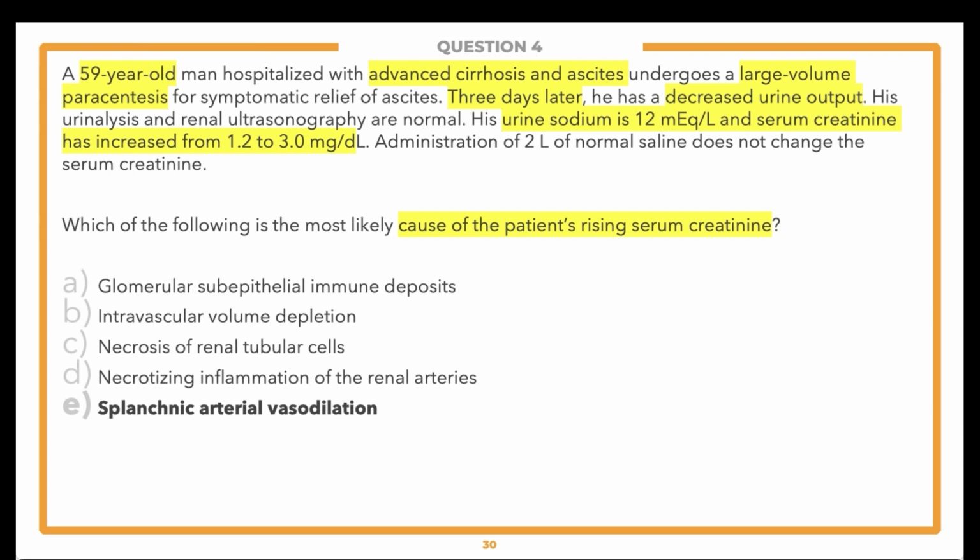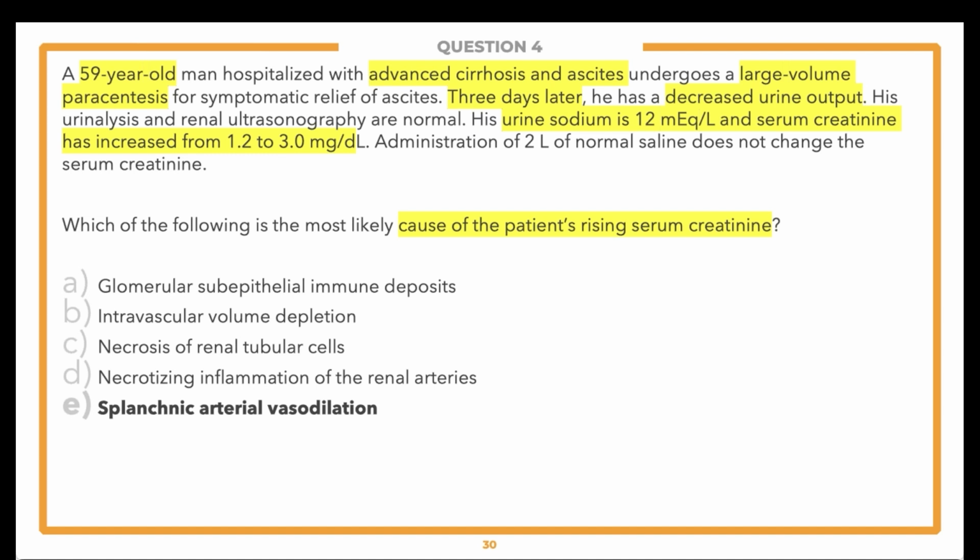Yes, sure. You can say there is some level of intravascular volume loss because I'm losing protein and things end up in the extravascular space. Sure. But really, that's not the primary problem here. The problem that's driving it, the cause of the renal ischemia, is not that you're just dehydrated, because you gave him 2 liters and he didn't respond.